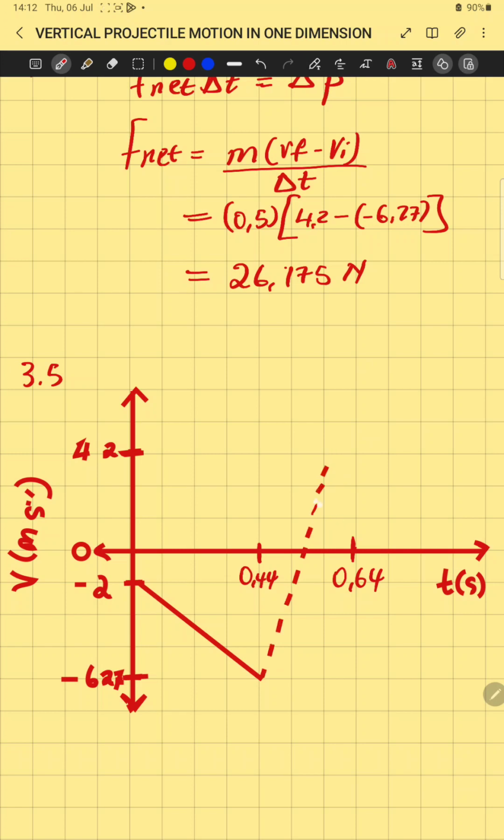Then this is the time, and then up to that initial velocity there. And then the ball will come to rest. Okay, so this is the graph that represents the motion of the ball.